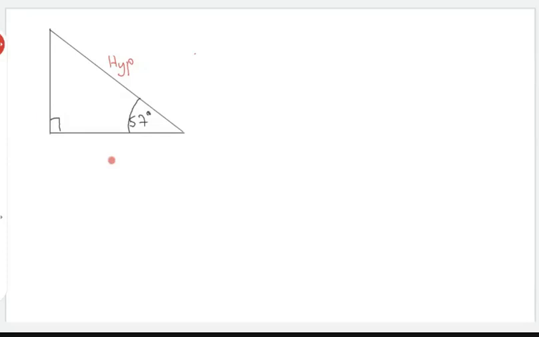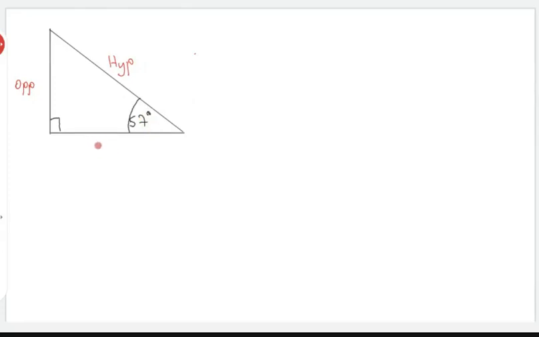Now, the other side lengths have names as well. And the names of those side lengths depend on the positioning or the placement of this angle. So this name here is called opposite because it's opposite the angle that we're working with in the triangle.